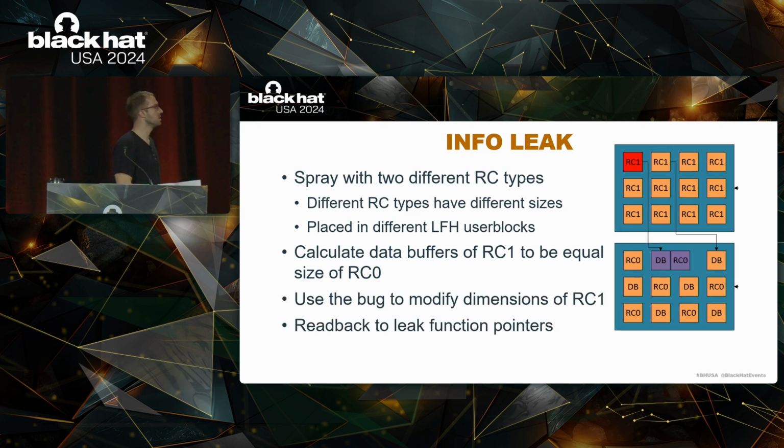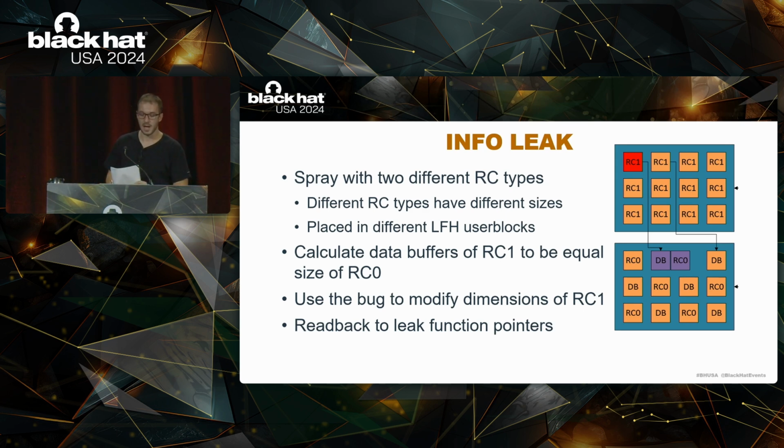Then I will trigger the bug, corrupt the heap, and use the low fragmentation heap attack to control some heap chunk of my choice. And then my idea was to modify the dimensions of resource container type 1 and trick VMware into thinking that the end of the data buffer associated with resource container type 1 is actually bigger than it was.